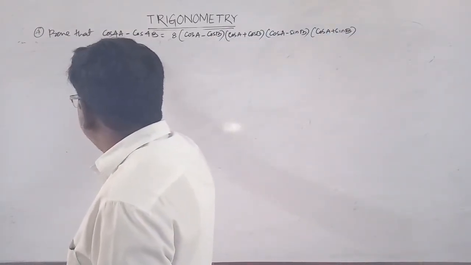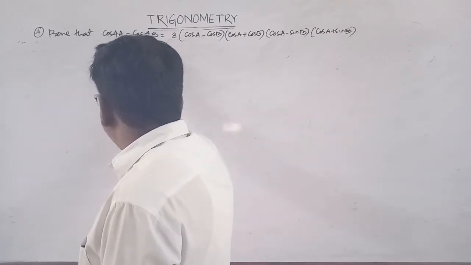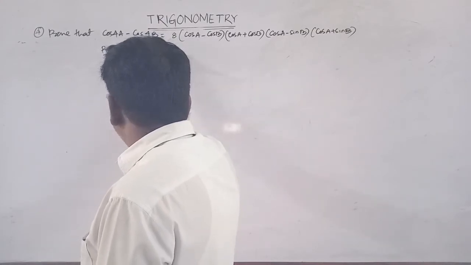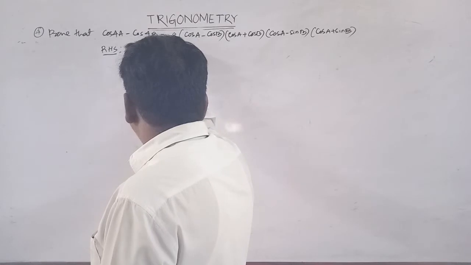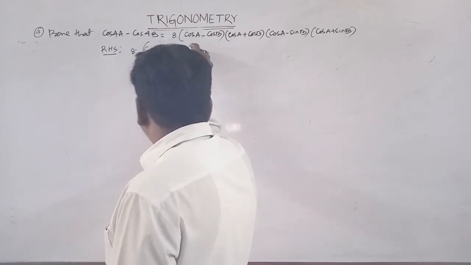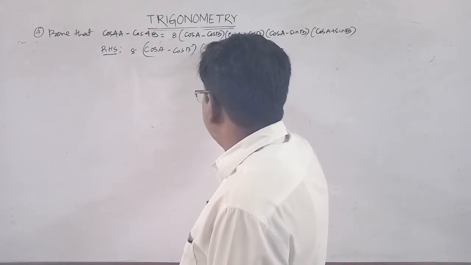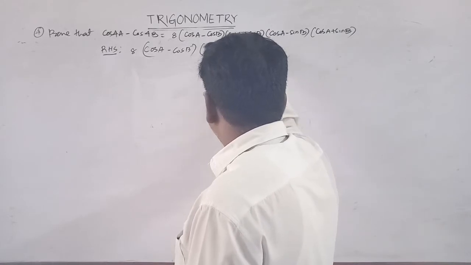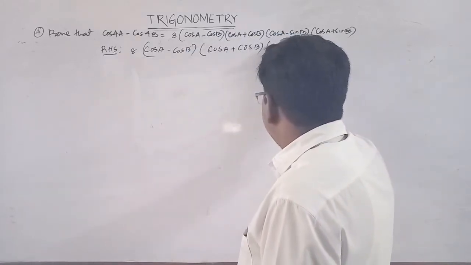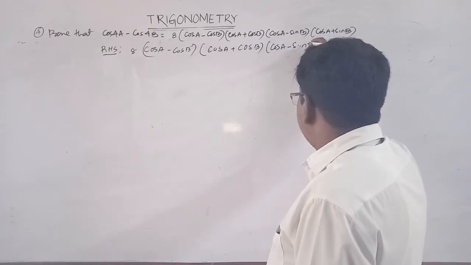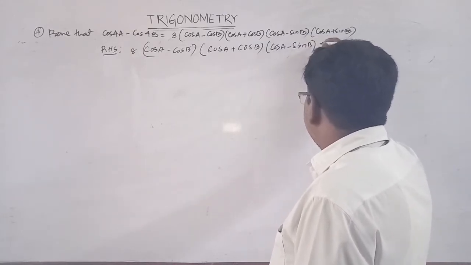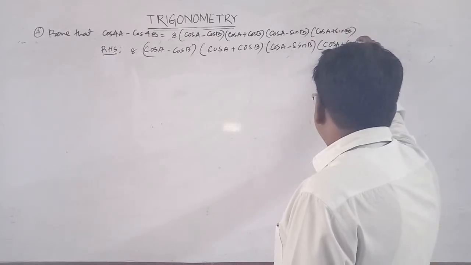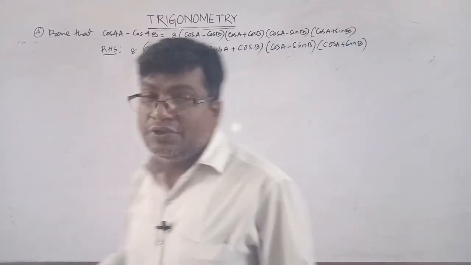So the right hand side is what? 8 into (cos A minus cos B) into (cos A plus cos B), similarly (cos A minus sin B) into (cos A plus sin B).